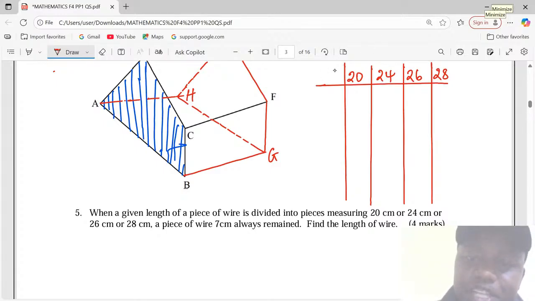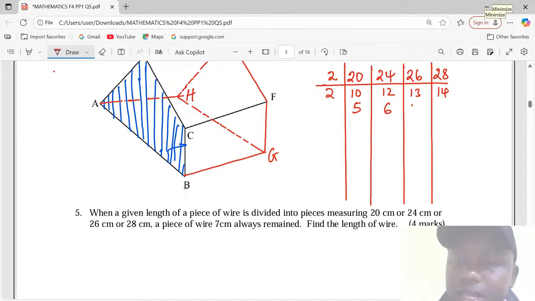So we start by 2, the least prime factor. This gives 10, 12, 13, 14. By 2 once again, this is 5, 6, 13, 7. Then by 2 once again, 5, 3, 13, 7. Now we can talk about 3. Yes, 5, 1, 13, 7. By 5, 1, 1, 13, 7.